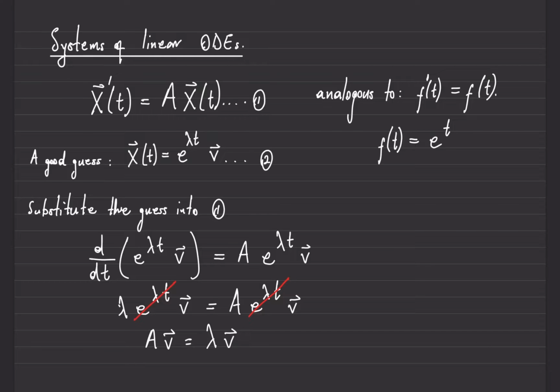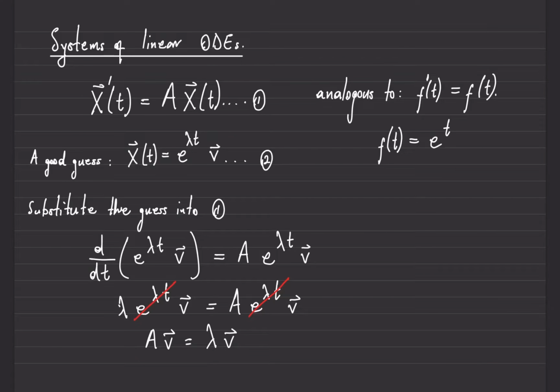What does this mean? Here's the interpretation. This guess will be a solution to this equation provided that V bar satisfies this condition. I'll repeat it. This guess, which is made up of e to the lambda t times V bar, will be a solution to this original equation, provided that V bar and lambda satisfy this equation.